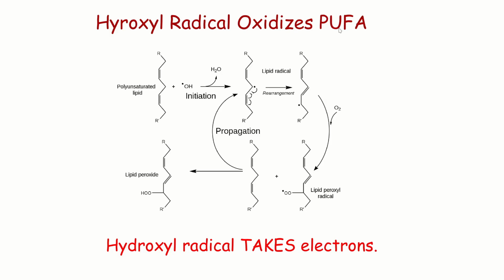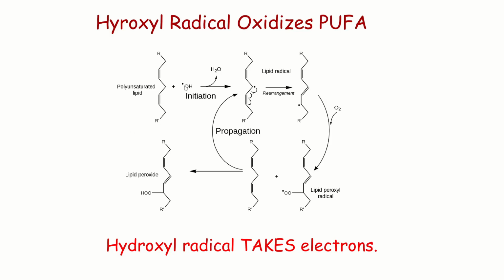And so remember I said oxygen, especially oxygen with an unpaired electron, is very reactive. And oxygen wants to take electrons. Oxygen is always a taker of electrons in animals. And so the easiest place in a cell that one can grab an electron is in a polyunsaturated fat, because this pair of double bonds, there's this kind of electron cloud, and it's very easy to yank electrons out of there.